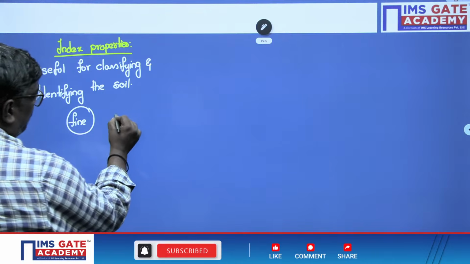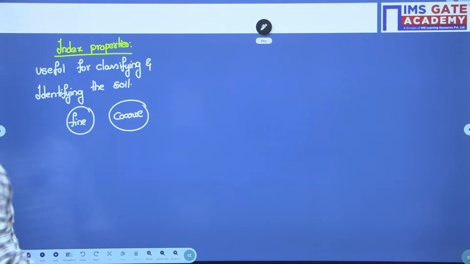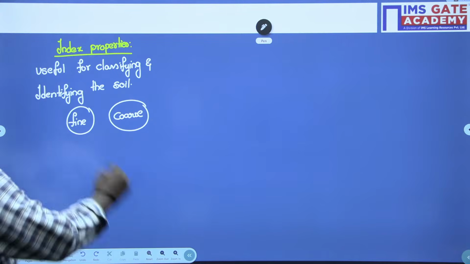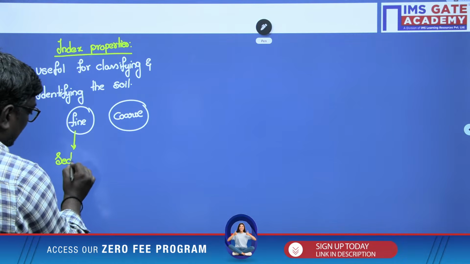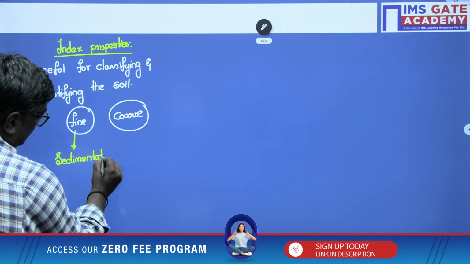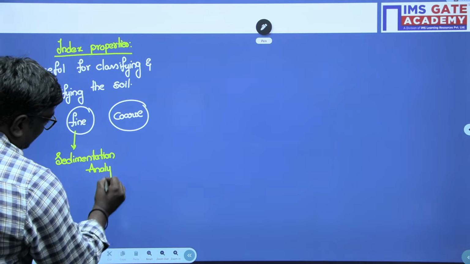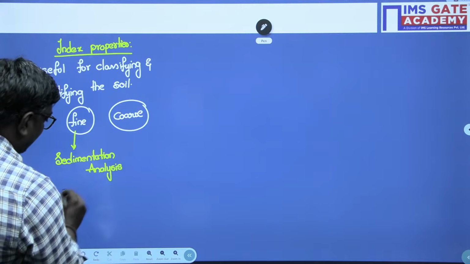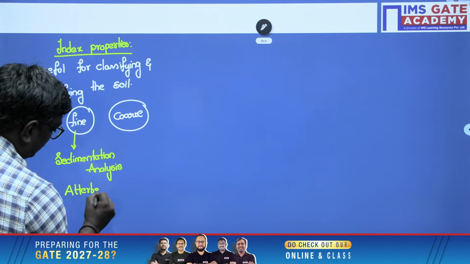So here we have fine grained soils as well as coarse grained soils. If you talk about fine grained soils, which properties are helpful? One is the sedimentation analysis, and the next one is Atterberg.